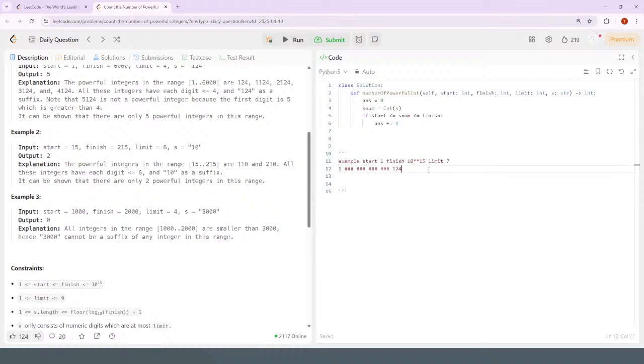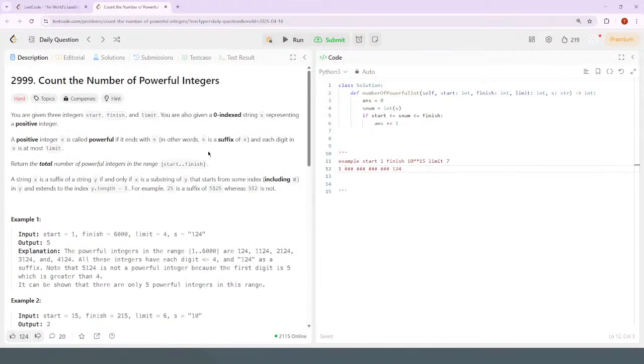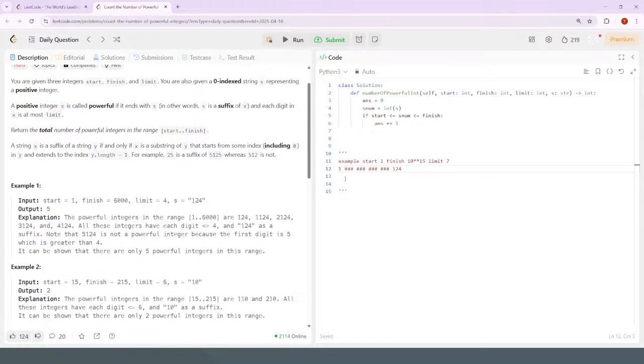If I were to identify for each spot how many things can occur in that spot, this digit could be 0 through 7. Is the limit inclusive? Yeah, inclusive. So this could be 0 through 7. So there's 8 options here, 8 here, 8 here, and so on.